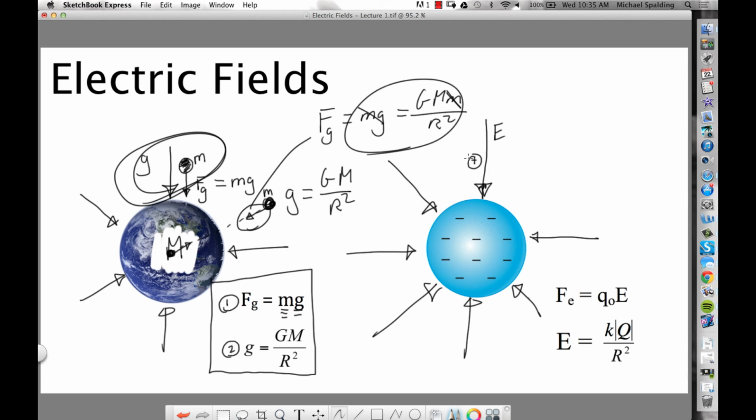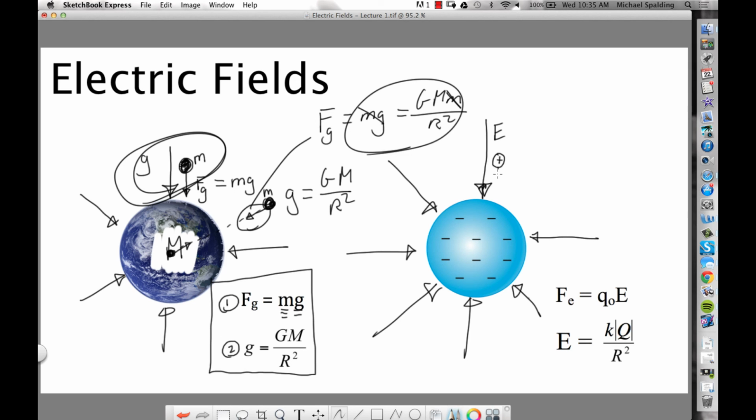Now, if we put a little positive guy in this electric field, would that little positive guy get a force from the electric field? Yeah, it's the same thing as this little mass in the gravitational field.